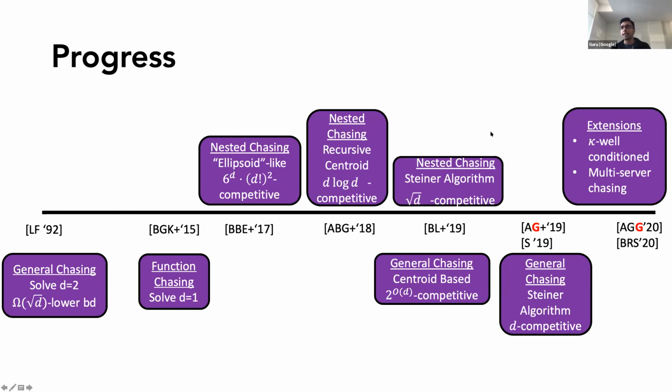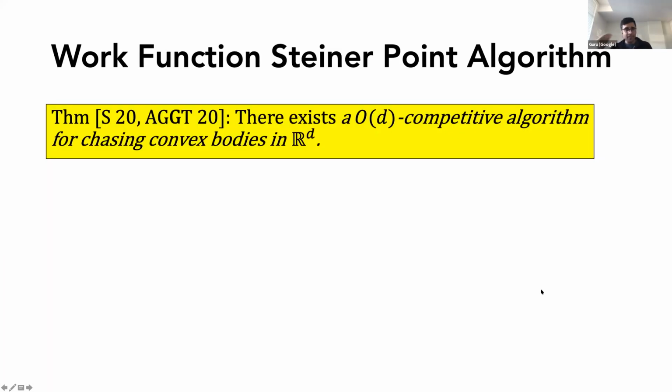So one thing is that recently there was a d-competitive algorithm, and I'll just talk about that. So the main result I want to say is that there's this work function Steiner point algorithm, and it achieves a d-competitive algorithm for chasing convex bodies. Okay, since this is only a 10-minute talk, what I'll do is I'll just talk about what the different terms mean, what a work function is, what Steiner point is, and that's about it.